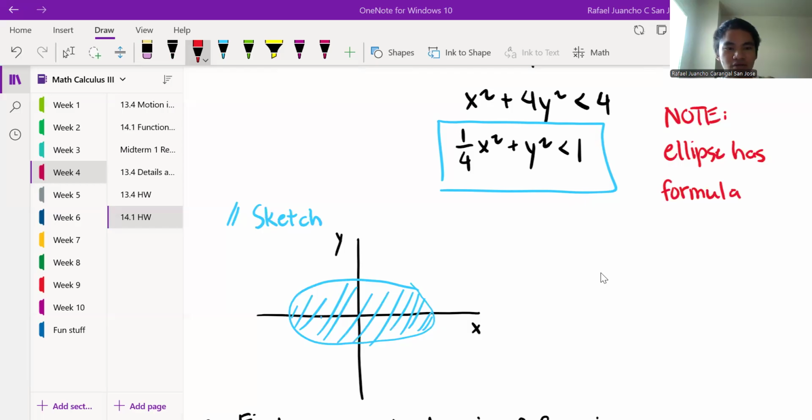Or no, not the area of an ellipse, an equation of an ellipse. So yeah, it's this.